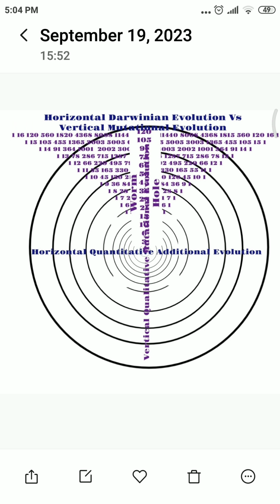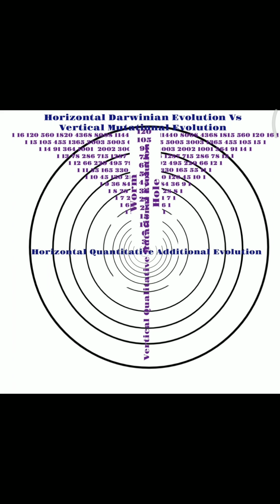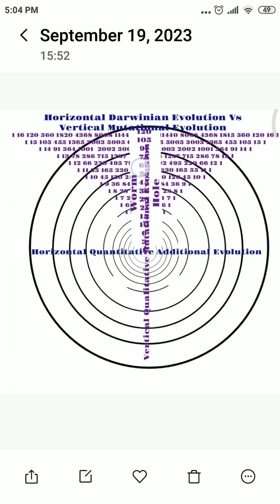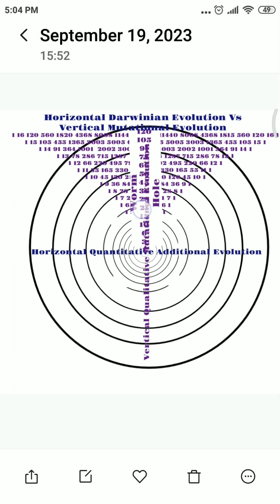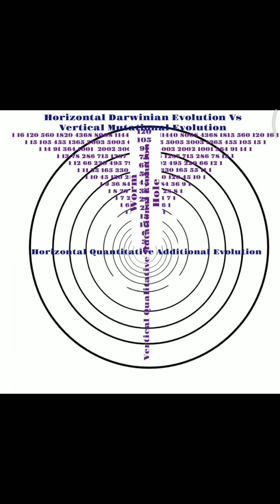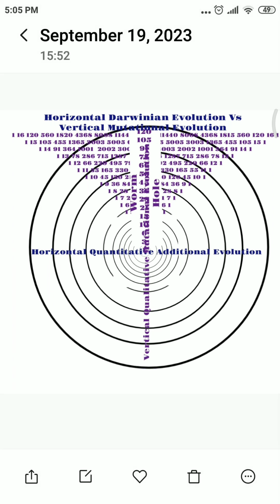In fact, the shortest distance from here to here is through the center. Once you go to the center and somehow find this wormhole, you can stay in contact with the galaxy. That is pretty much what I wanted to tell today.